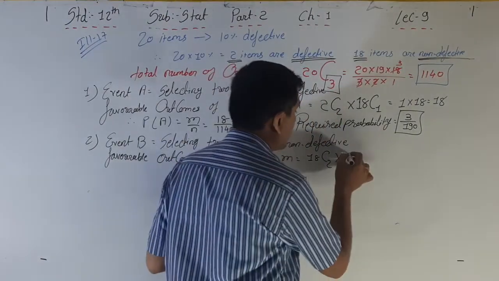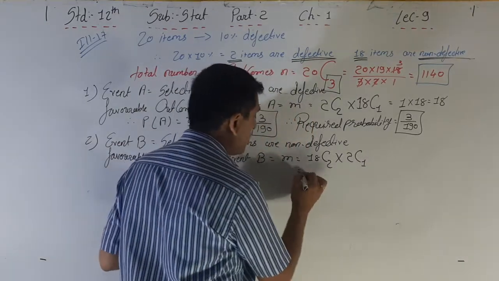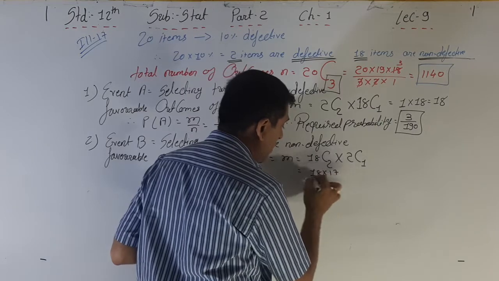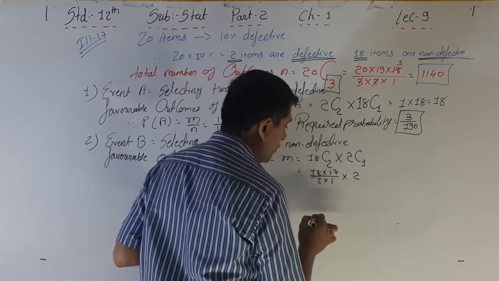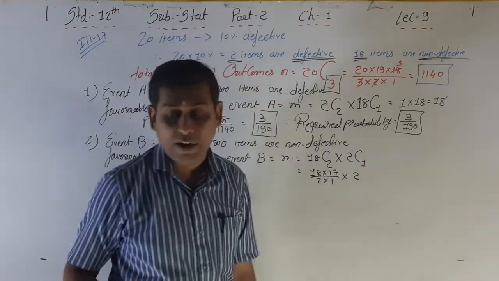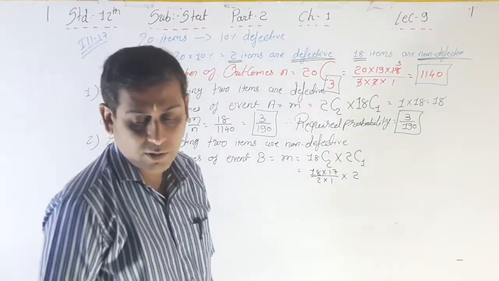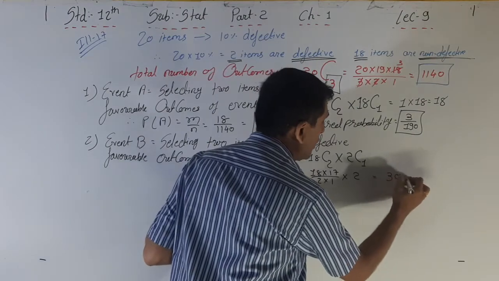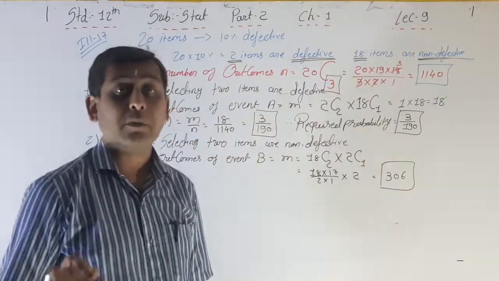Indirectly it will ask, that's why 2C1. So what is your final answer? 18 into 17 divided by 2 into 1, into 2C1, that is 2. Okay, so here the 2s cancel, so 18 into 17, what is your answer? That is 306. So 306 is the favorable outcomes of event B.